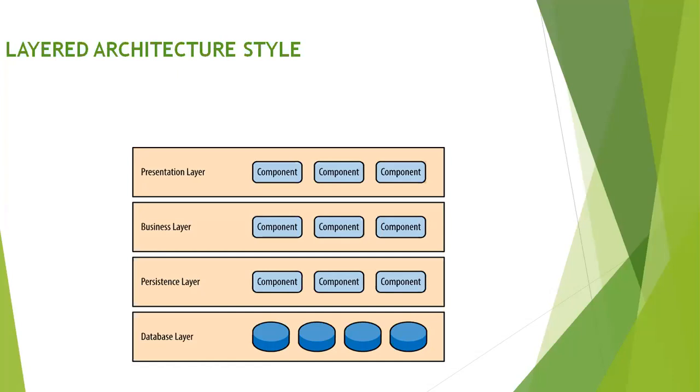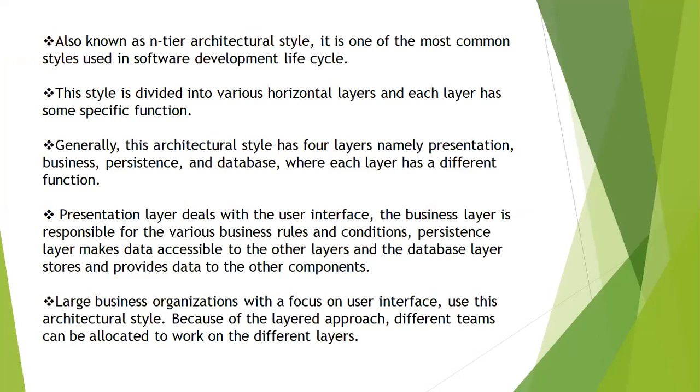Each and every layer has different functions and different tasks to do, right? And this four layered architecture is also called the n-tier architectural style. It is one of the most common styles used in the software development life cycle.